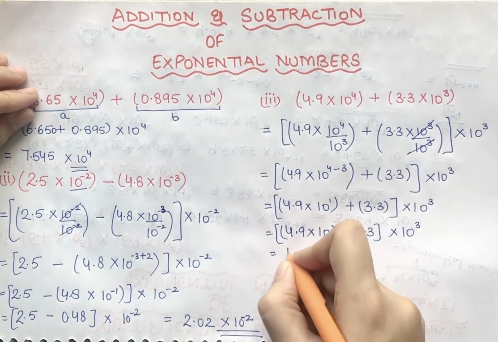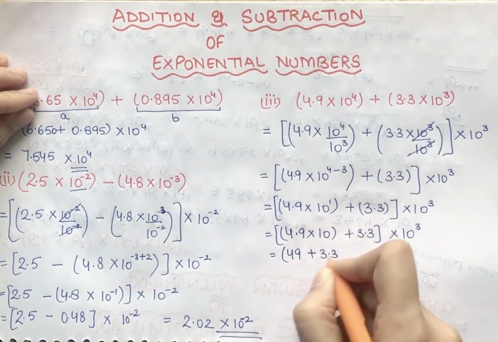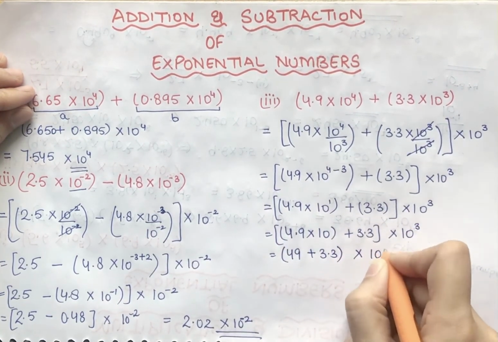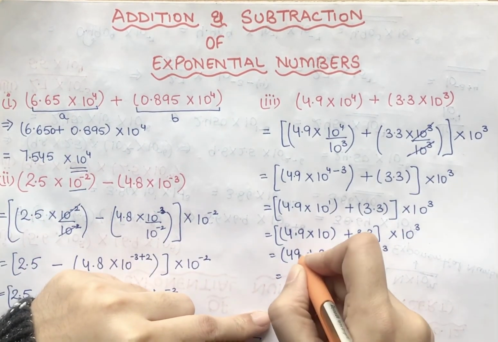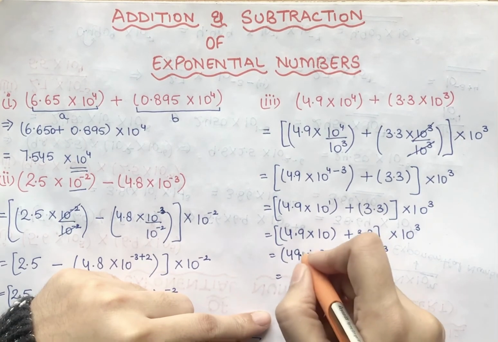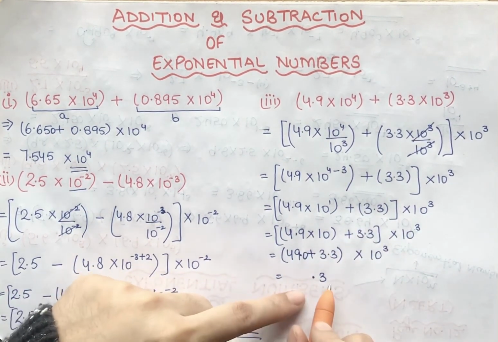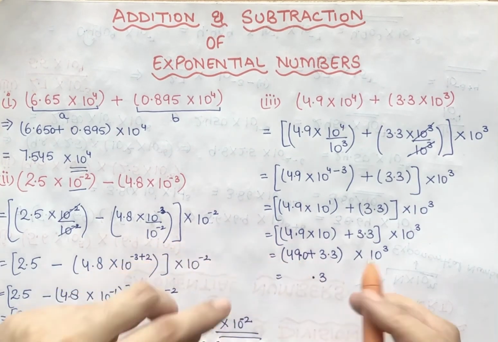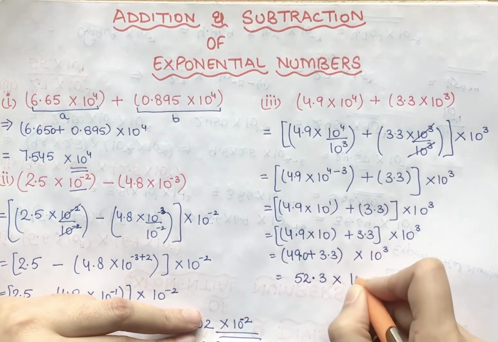Now it is 49 plus 3.3 into 10 raised to power 3. Now let's add these values. I am having a decimal, so can I imagine one decimal over here, so 0.0, so 0 plus 3, that means 3, 49 plus 3, that means 52 into 10 raised to power 3.